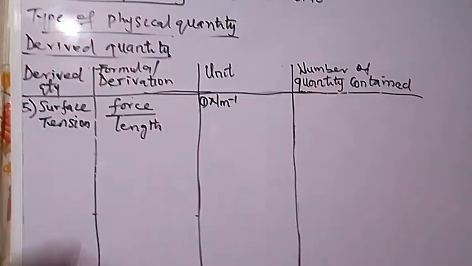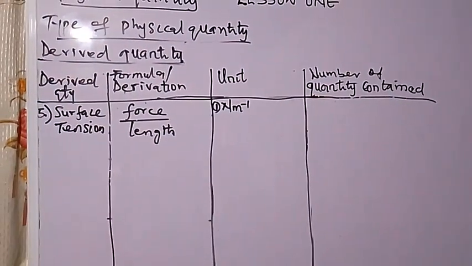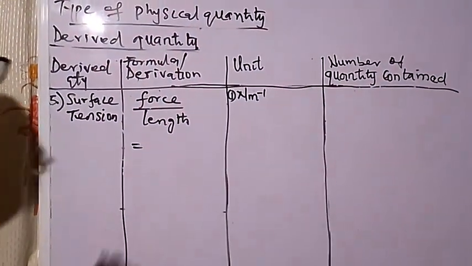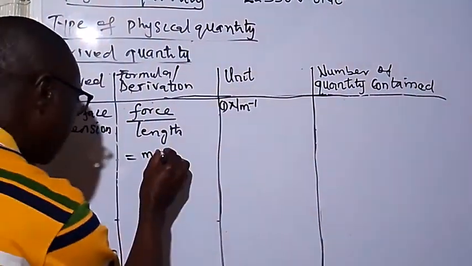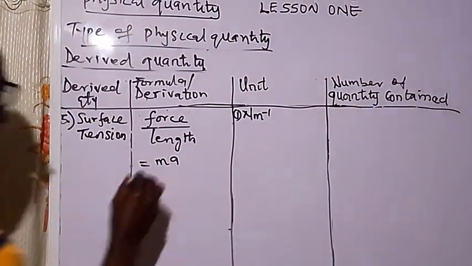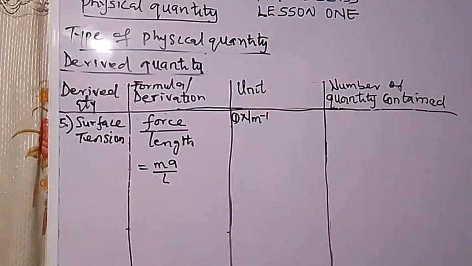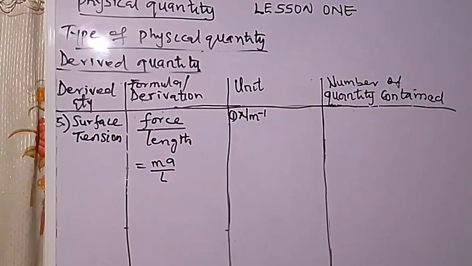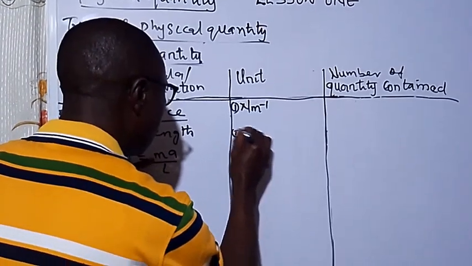To express further, so that we can know the number of quantities that surface tension contains: force from physics has the formula ma, where a is linear acceleration, then over length. From this point again, we can see another unit. Note, mass is kilogram.